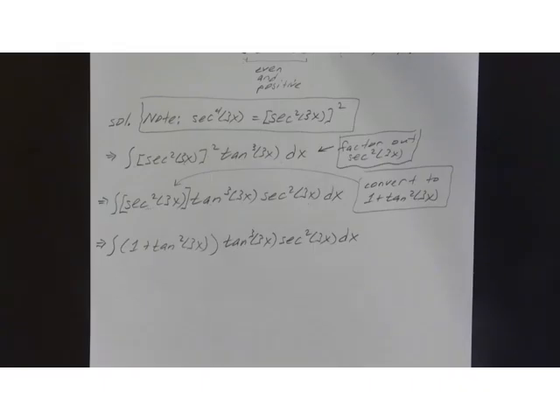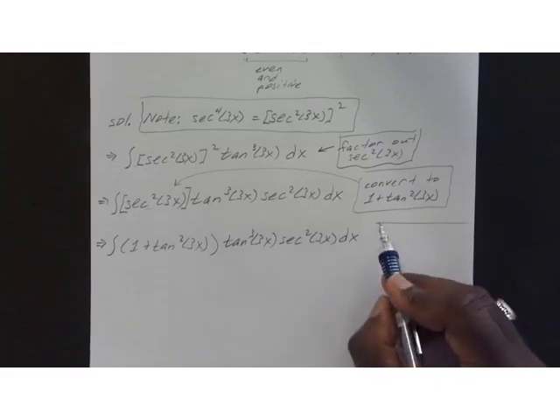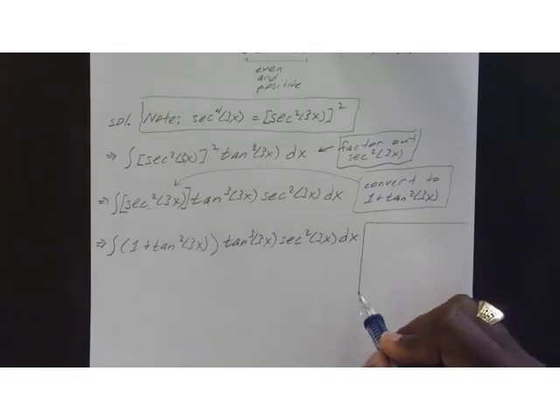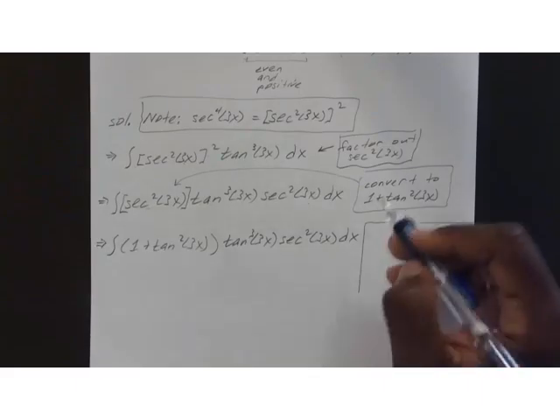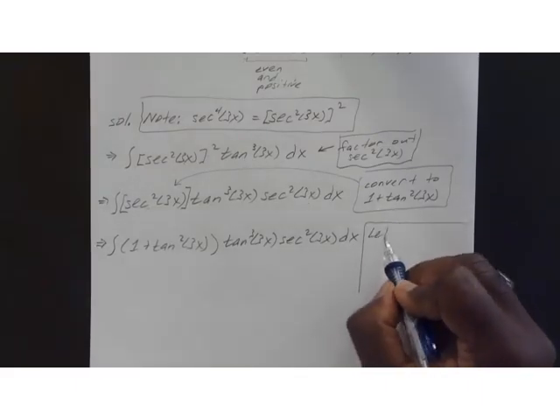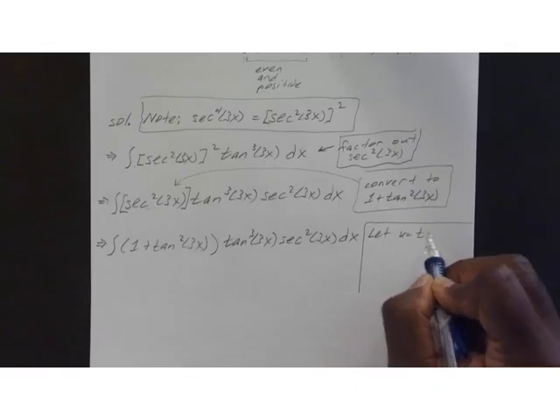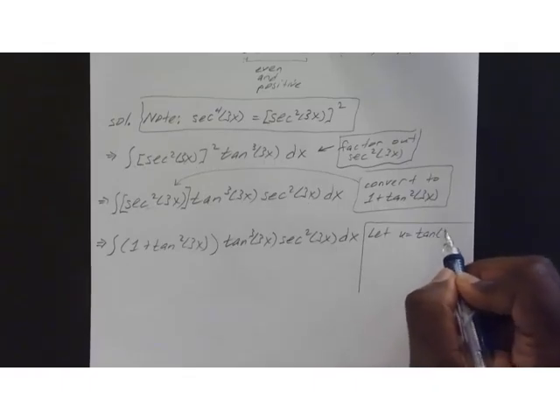Now, once you do that, you can start your u substitution. You have everything in place. Okay? So we're going to let u equal tangent of 3x.